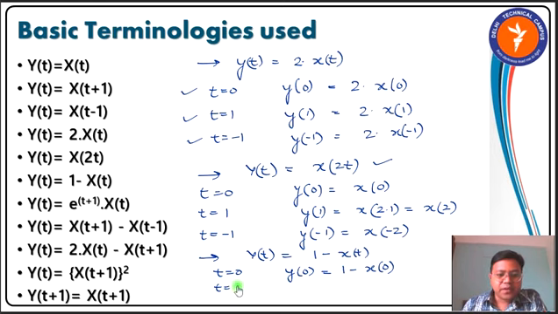But if I change time to t equal to 1, then y(1) will be equal to 1 minus x(1). And similarly, if I change time to minus 1, then y(-1) will be equal to 1 minus x(-1). So this is saying that present output is dependent on present input.